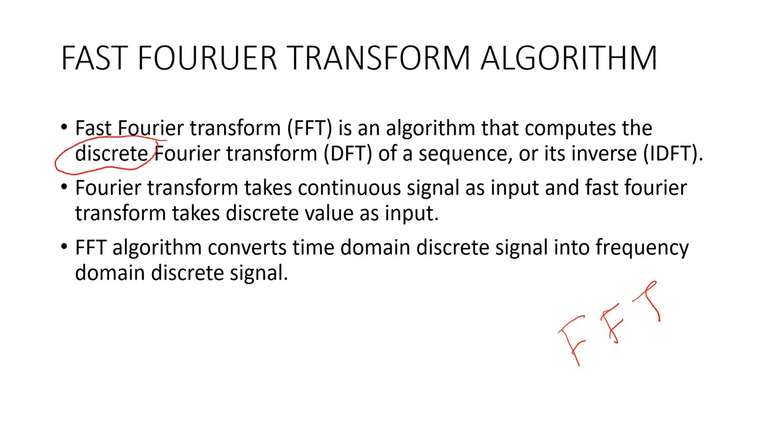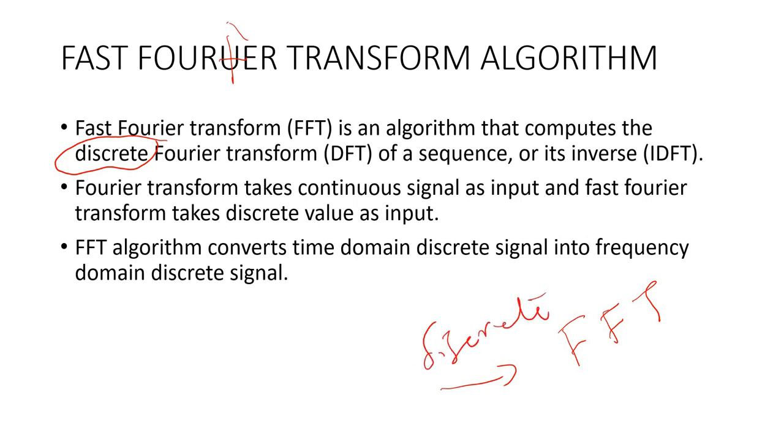There we need to introduce the fast Fourier transform, and its inverse can also be calculated. The Fourier transform takes a continuous signal as input, and the fast Fourier transform takes a discrete value as input. So the input to the fast Fourier transform is a discrete value.